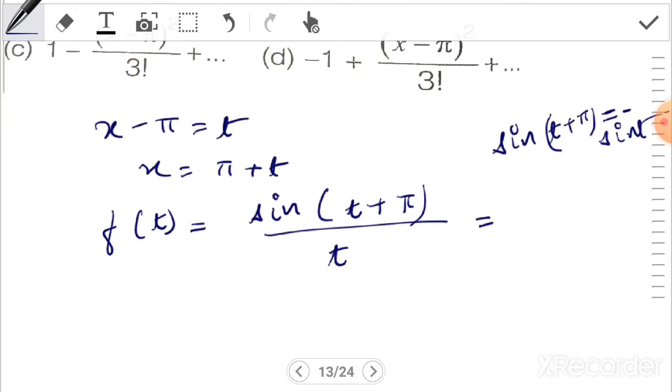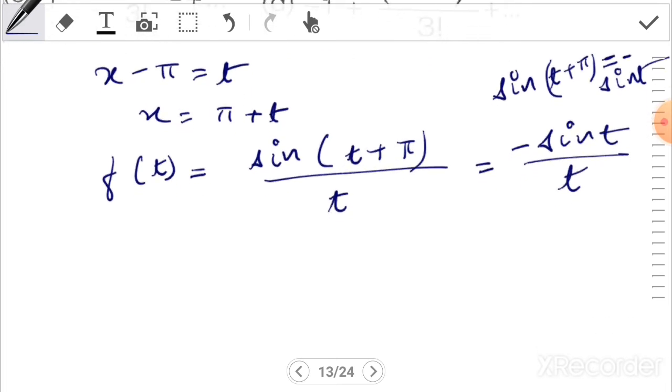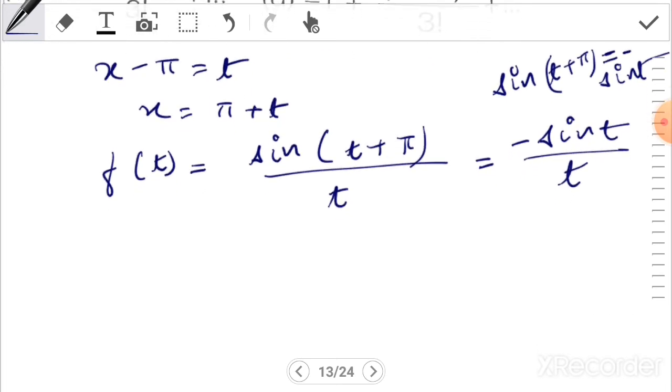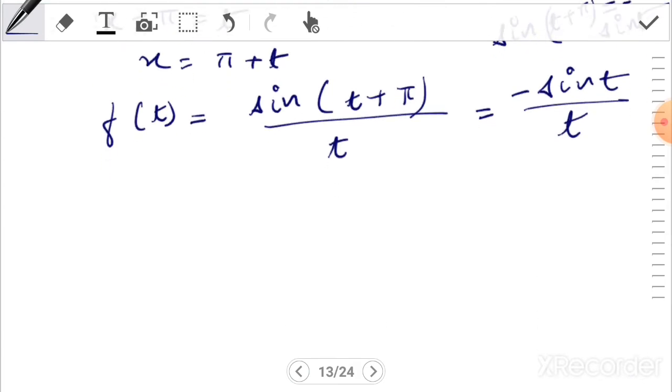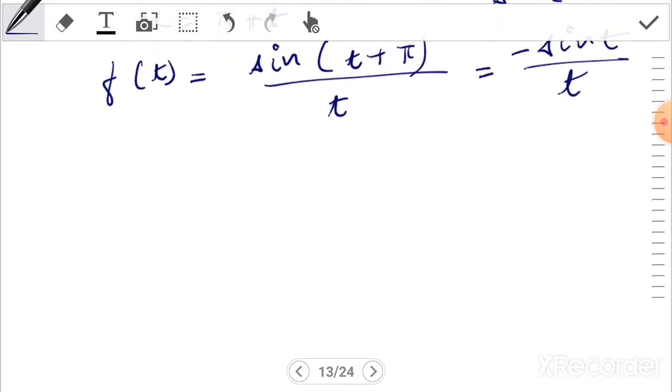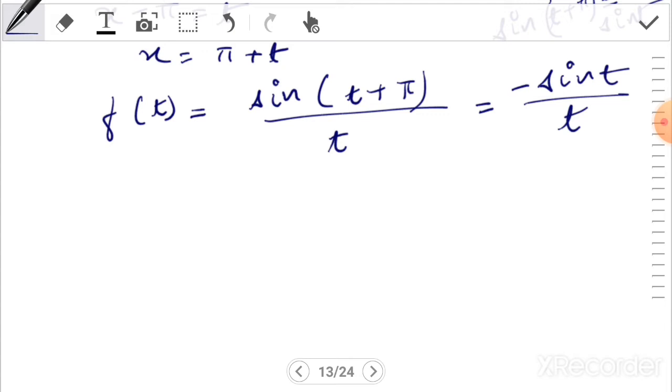So this is minus sine t by t now. And we know the expansion of sine t, or you can use Taylor series expansion properly. But since we already know the expansion of sine t, we can just directly put the values.